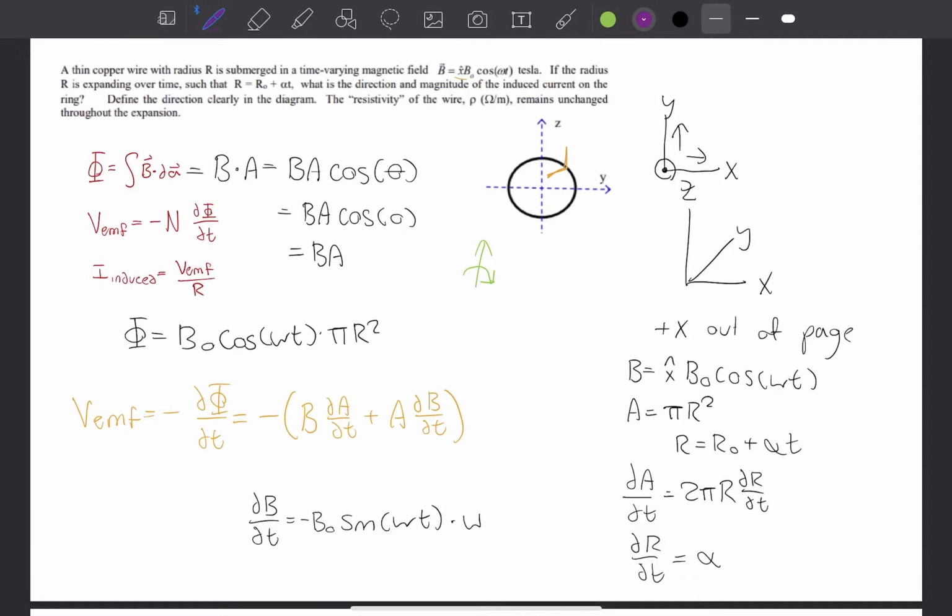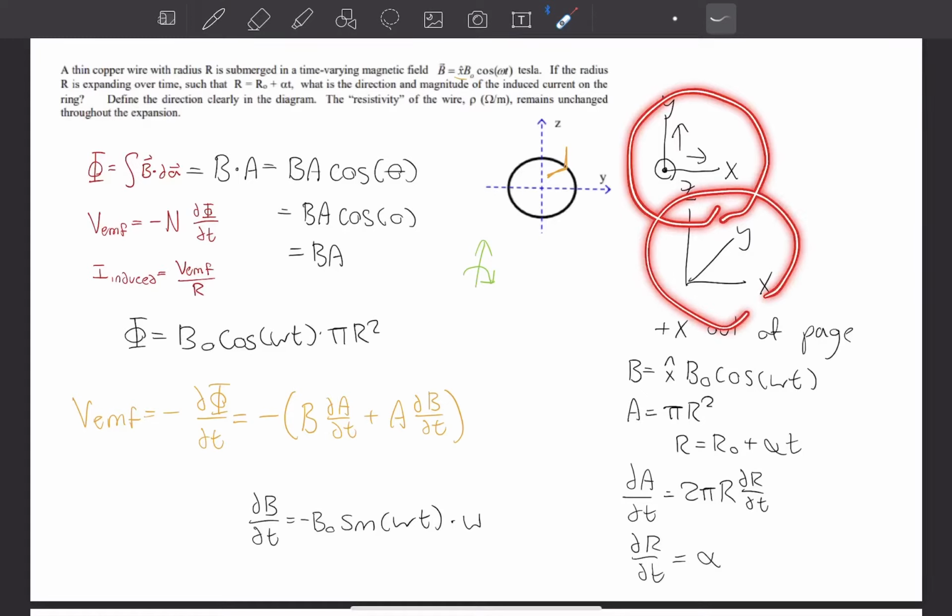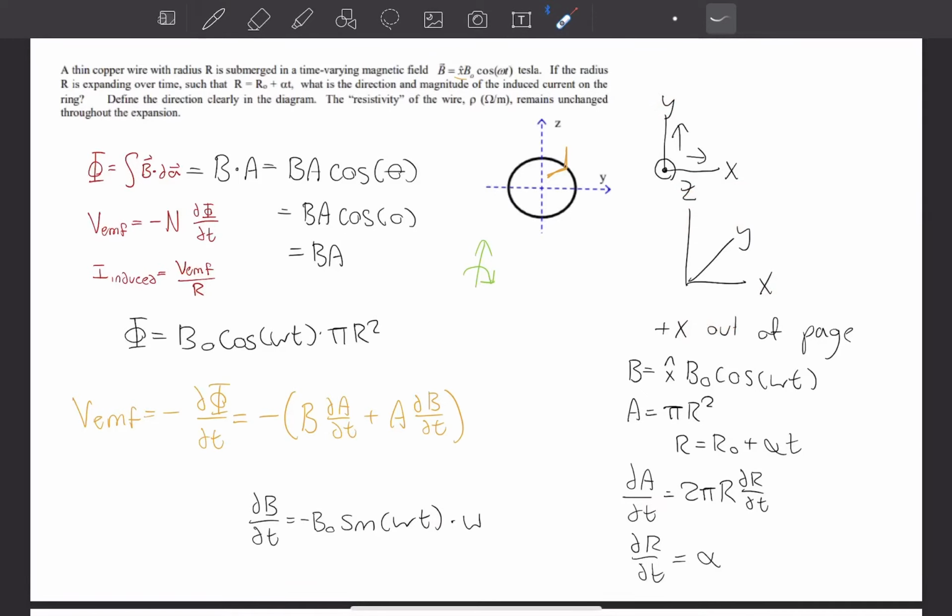Now, there are some takeaways I want you to take from this question. The first one is being able to see these directions. It's very critical to understand which direction is positive and which direction points where. And being able to discern these directions is the make or break between fully understanding a question and not understanding a question at all. So that's the first takeaway.